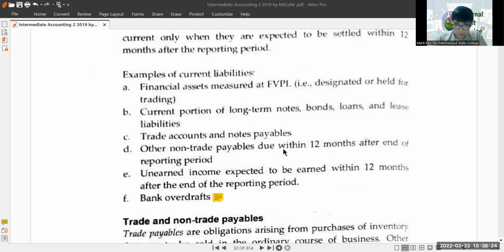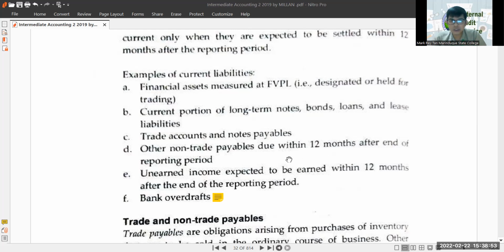Okay. Letter C, trade accounts and notes payables. Ayan, so pag sinabi mong trade, current yan. Ito namang notes payables, if not clearly identified, by default, current ang presumption natin dito. Sa letter D, other non-trade payables due within 12 months after the end of the reporting period.